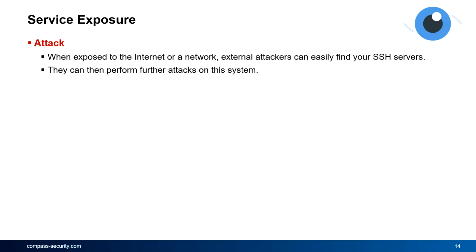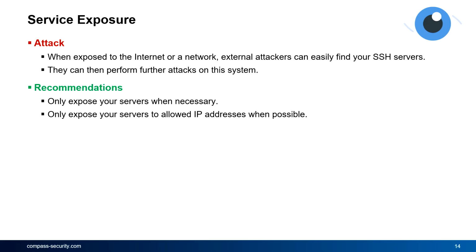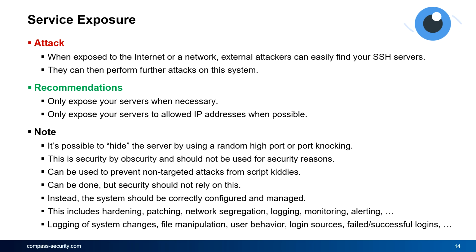So when your systems are exposed to the internet or a network, attackers can easily identify your SSH servers and then perform further attacks against these systems. So you should only expose your servers when it's necessary. Maybe you can use an IP allow list to restrict the network access to only certain IP addresses or IP address ranges.